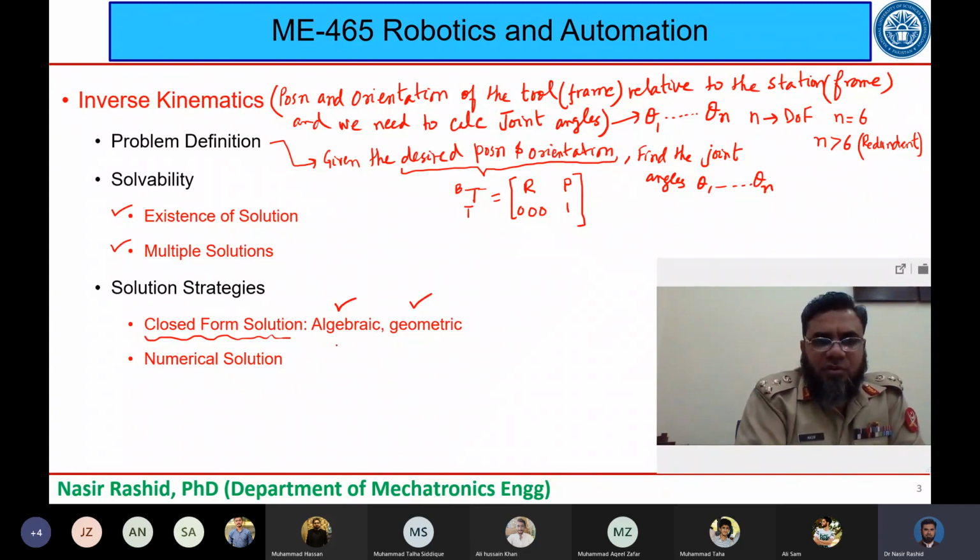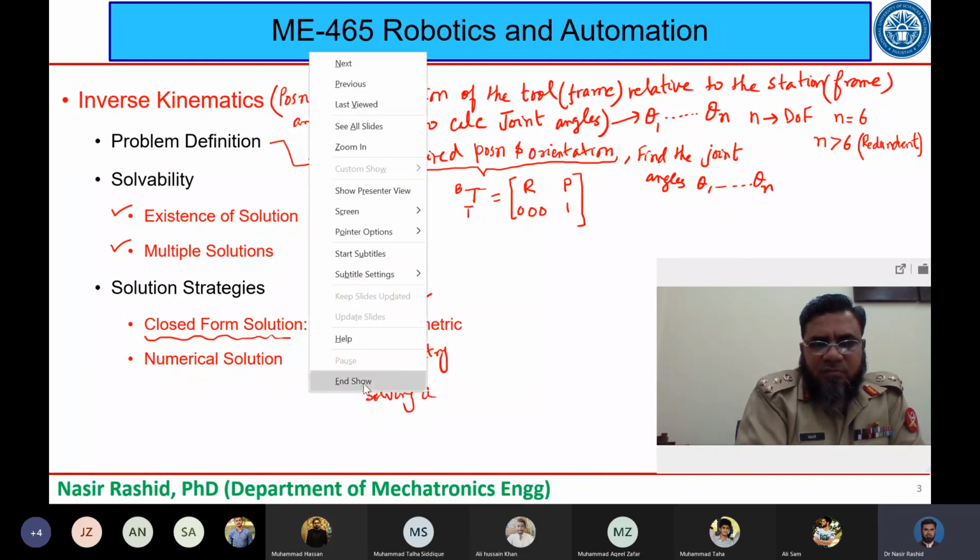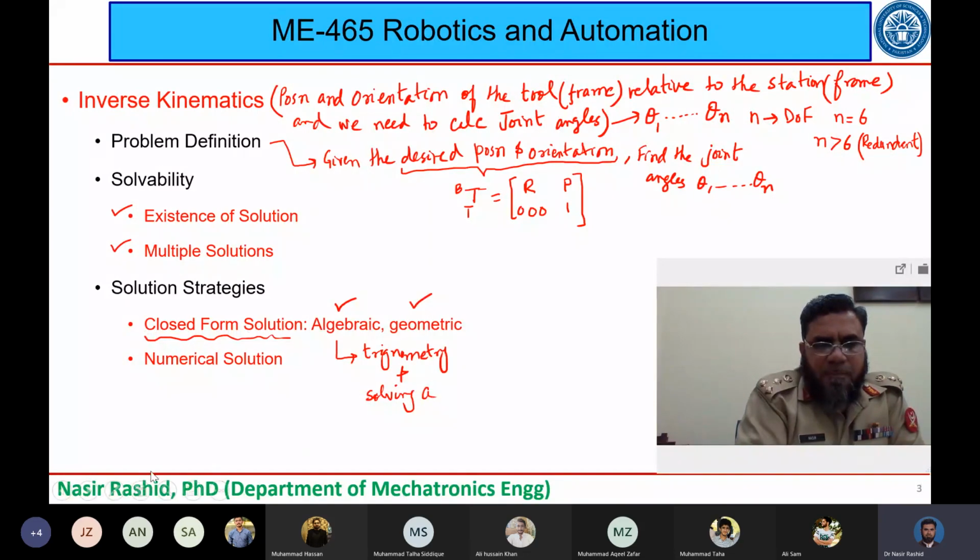The algebraic solution involves trigonometry and solving a number of equations to find out the joint variables.